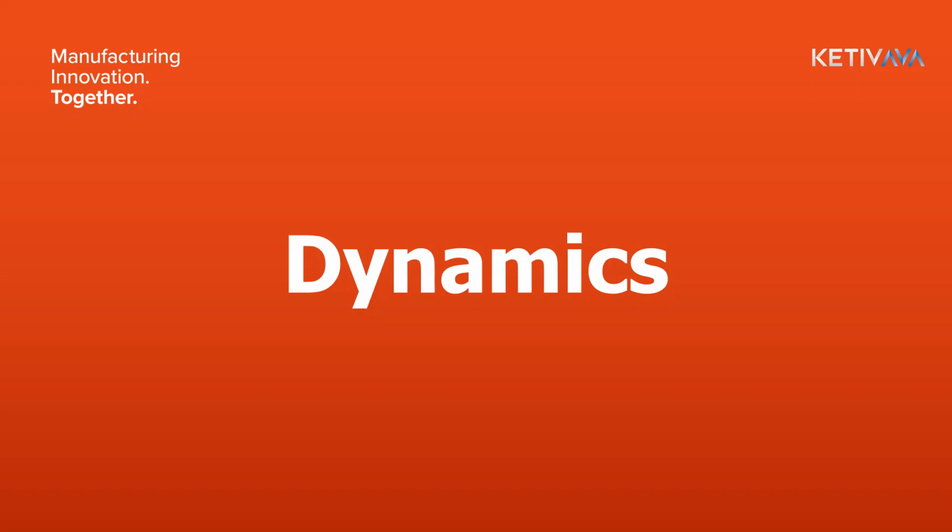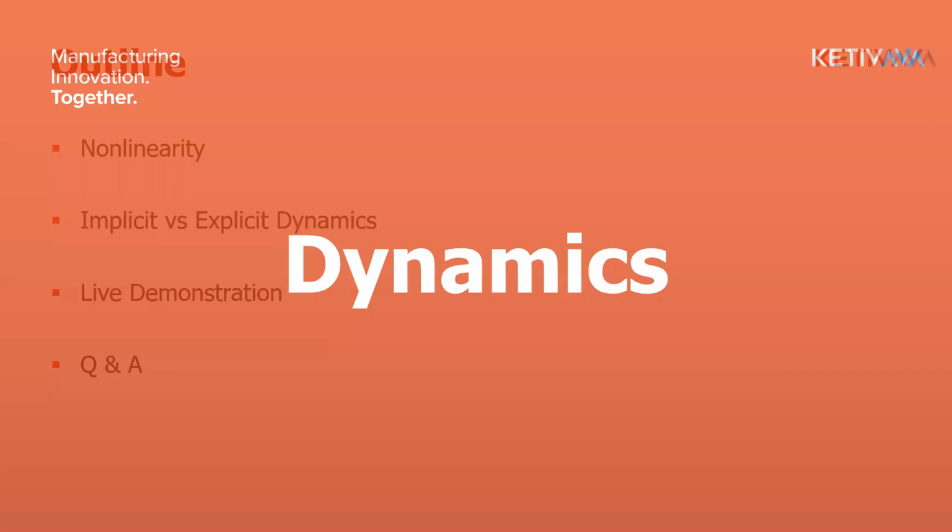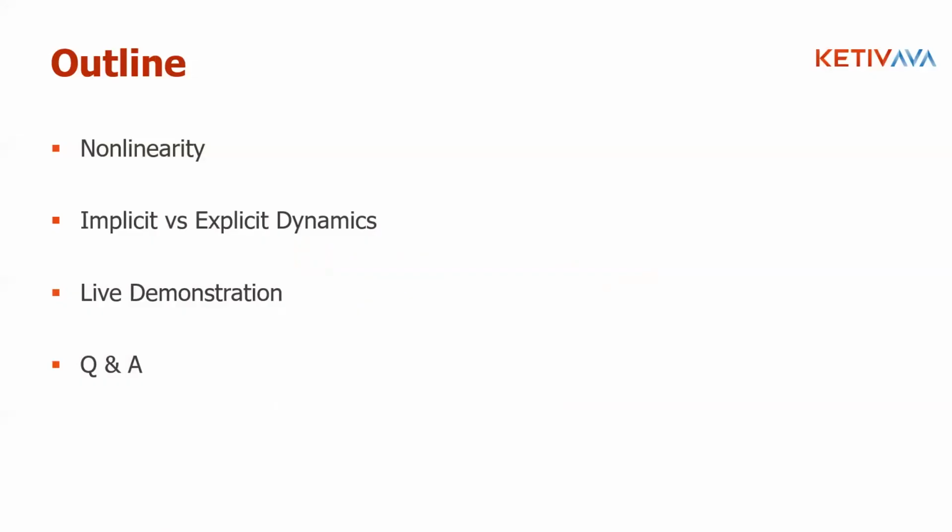So there's a lot of nuance here. I won't go into all the nuts and bolts of this, but certainly we will touch on all the important ones. And again, if you have any questions, feel free to jump in at any point. The things we'll go over again: nonlinearity, implicit versus explicit dynamics. We'll go over a live demo just so you can all visualize what's going on, and then we'll jump into a Q&A session.